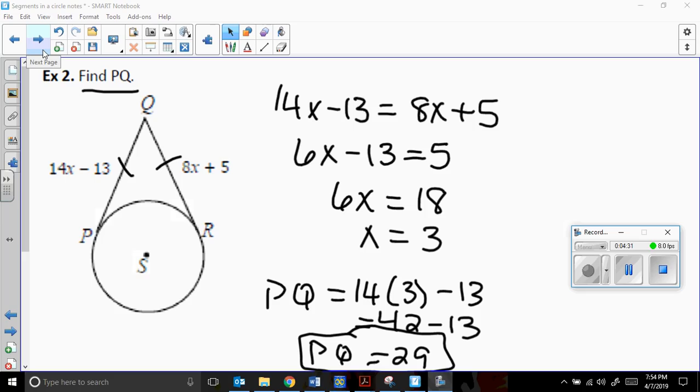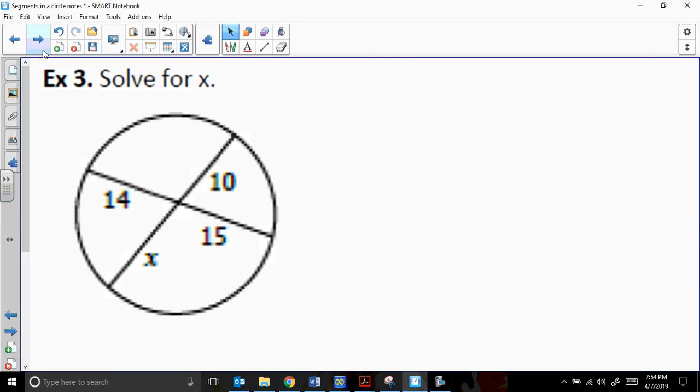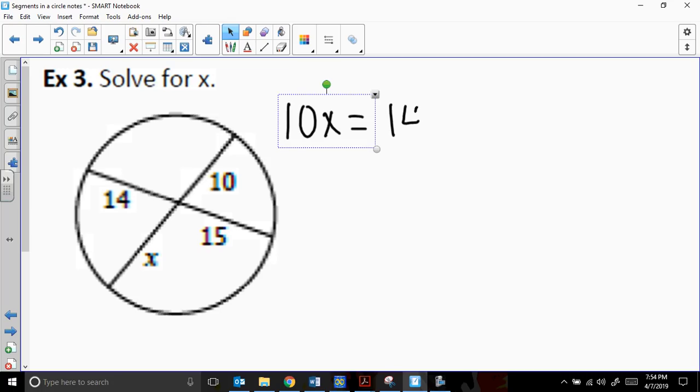Okay, so let's look at example 3. In example 3, we actually have the two intersecting chords. So remember, the pieces of the chords multiplied together are equal to the product of the other pieces of the other chord. So in this case, 10 times x is going to be equal to 14 times 15.